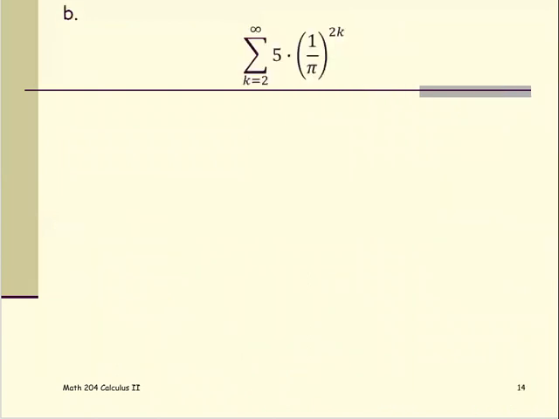Next example, we have the geometric series as the sigma notation of 5 multiplied by 1 over pi to the power 2k, with k starting from 2 to infinity. Let's make a list again. a is the first term, or when k equals 2, going to be 5 multiplied by 1 over pi to the power 2 times 2, or 5 divided by pi to the fourth, as the first term.